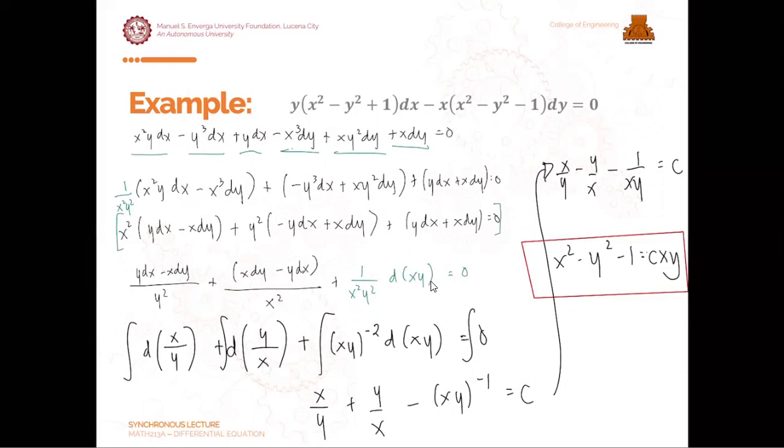Pwede natin gamitin yun para ma-transform yung groupings of terms natin into yung kumbaga exact differential value niya. Para yun na lang yung magiging basehan natin kapag sa integration, ilalabas na lang natin siya from the integral side kasi magka-cancel out na lang yung derivative niya tsaka yung integral sign. Okay?